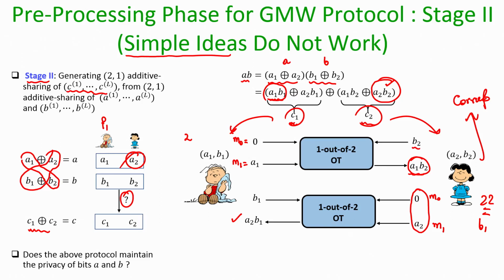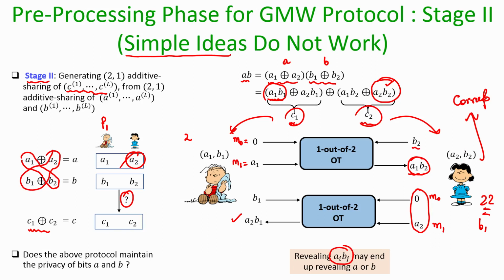But now let us try to carefully analyze this protocol. Does the protocol maintain the privacy of the bits of A and B? And the answer is no, because we are revealing Ai times Bj in clear to one of the parties who is acting as the receiver, and that may end up revealing the entire A or entire B. How so? So, imagine again a corrupt P2.